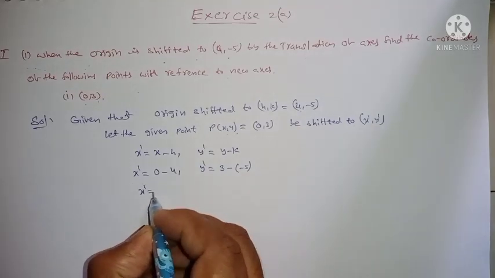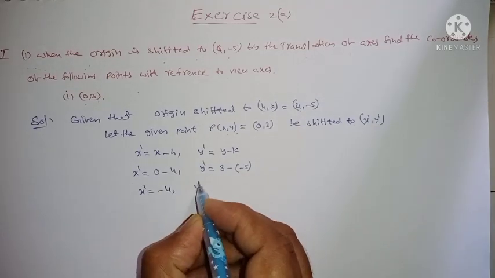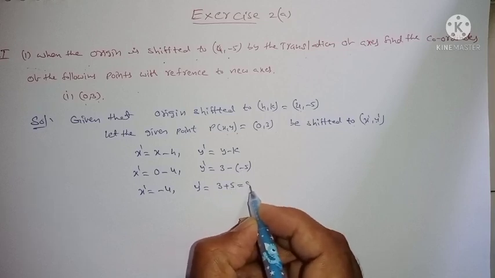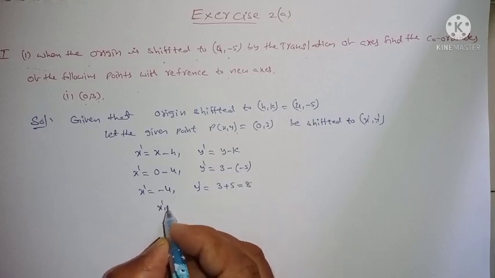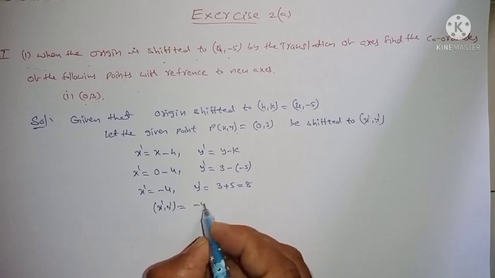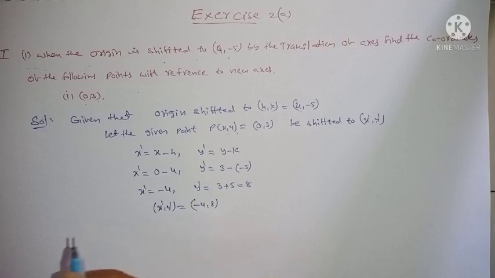Therefore, x' = -4 and y' = -(-3) + 5 = 8. The required point (x', y') = (-4, 8) is the answer.